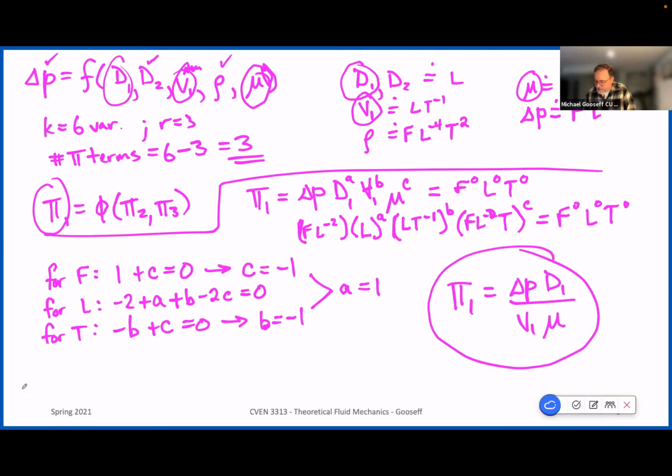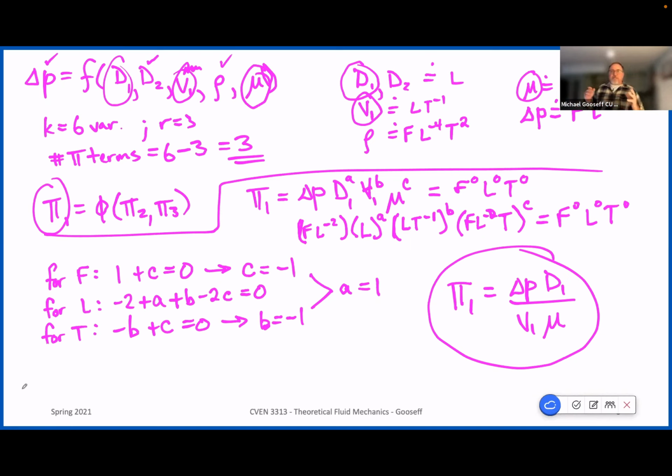We needed to have, in our repeating variables, all three: force, length, and time represented. We ended up with, we were told, mu, D1, and V. It probably could have been mu, D2, and V1, or even V2 instead of V1.